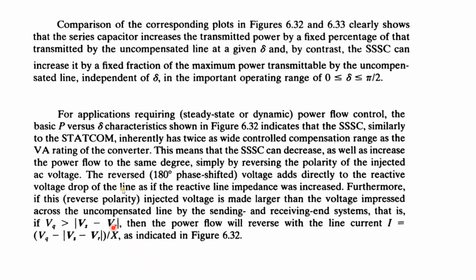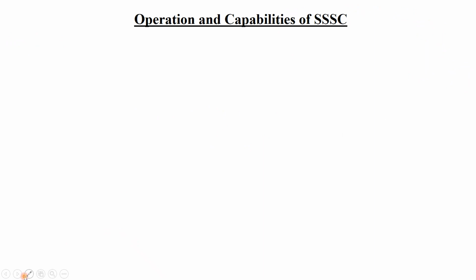If the mod value is less than the value of the voltage injected by the AAAC in the line, that means that voltage is less than VQ, and the power flow will reverse. Power flow will reverse with the line current equal to VQ minus the difference divided by the reactance.